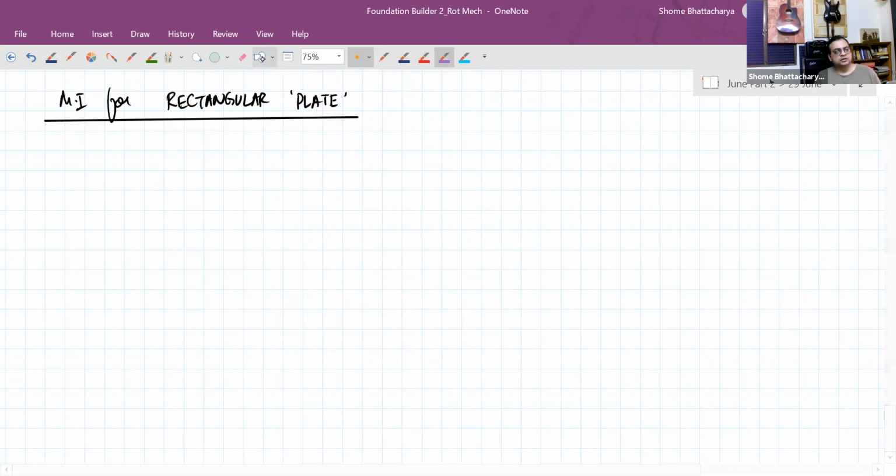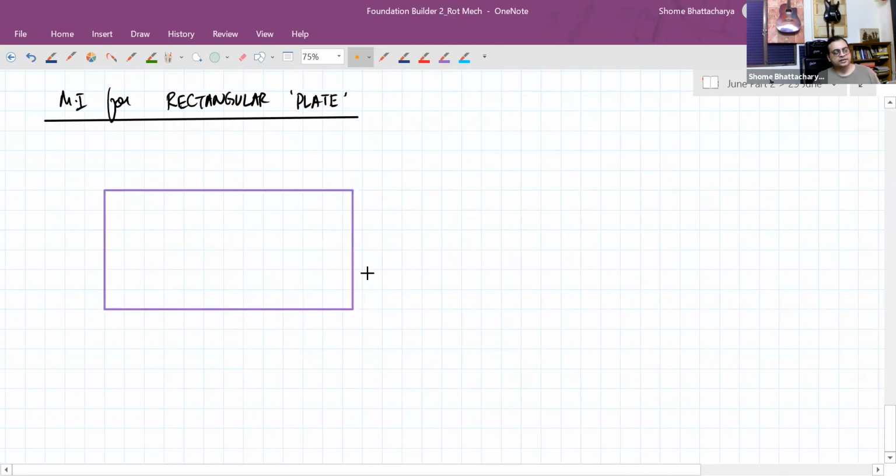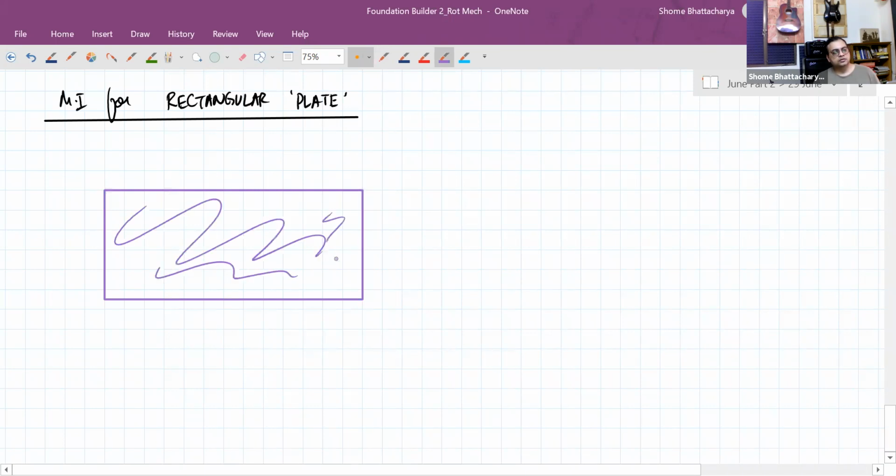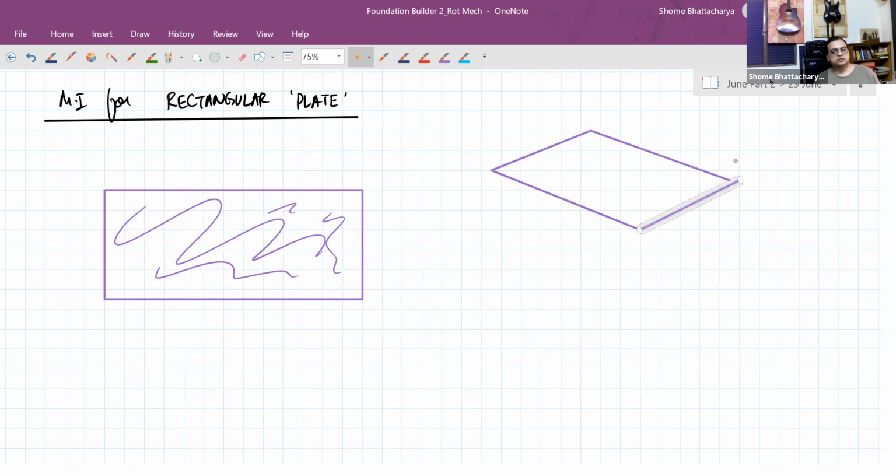Okay. So let's say this is the top view of a rectangular plate. So in 3 dimensions, it's more like this. It's a thin plate, so this thickness is negligible.